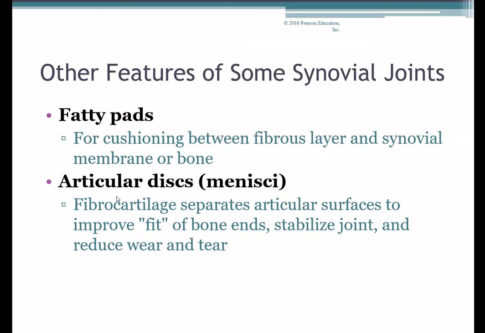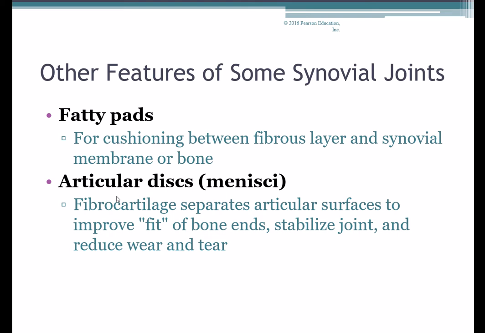We have some other friction-reducing structures that we find at synovial joints. Some of your joints will have little fat pads for some extra cushioning between the fibrous layer and the synovial membrane, or between the synovial membrane and the bone. There are other joints that have menisci or articular discs, which are these big pads of fibrocartilage, which help improve the fit of the bone ends, help stabilize the joint, and reduce wear and tear.